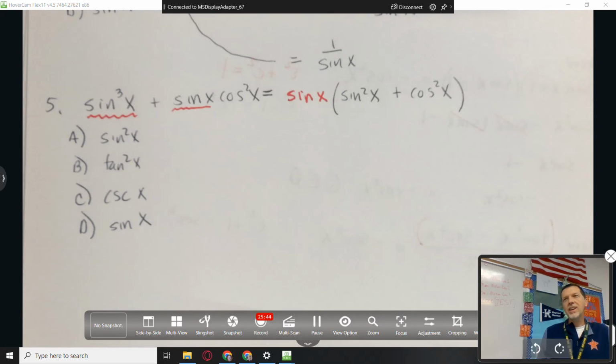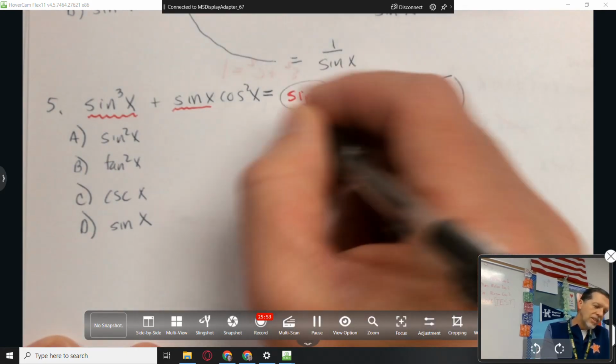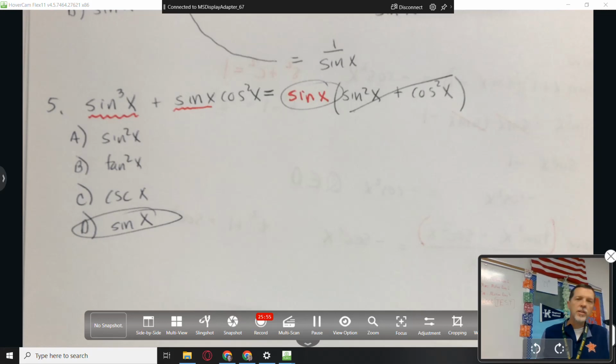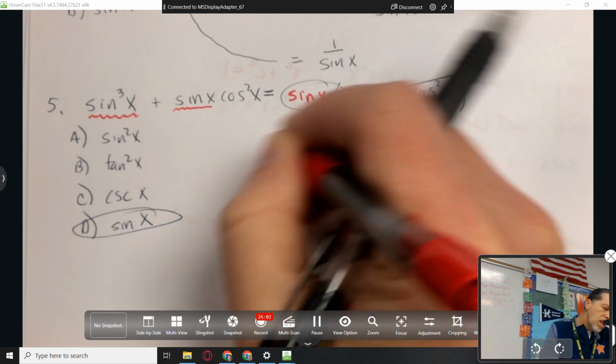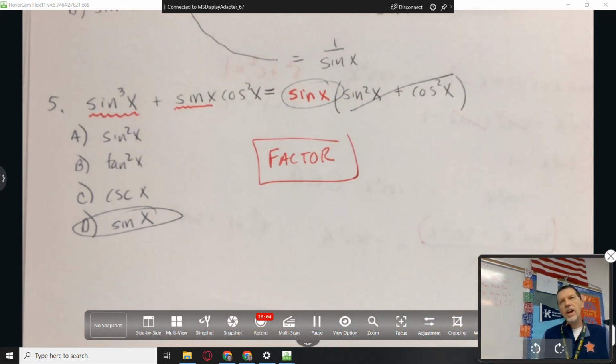And then, again, alarm bells should be blaring in your head right now, because sine squared plus cosine squared is 1. And so there's our answer, sine of x. So there's another technique, to factor things out if you can.